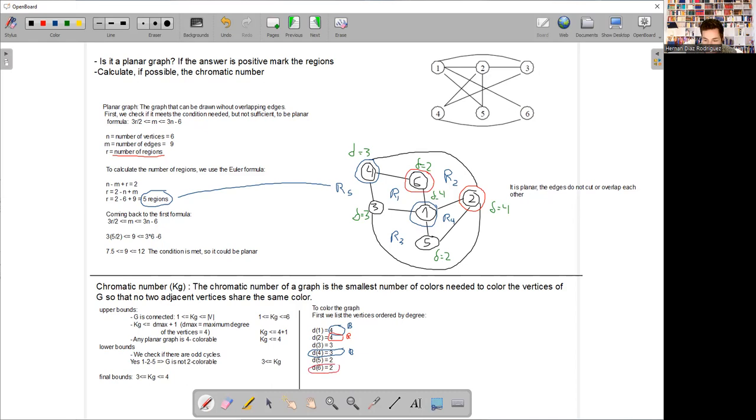Six is the only vertex that is not adjacent to 2. And we go for the next one, which is 3, and we color it in green. And 5 is not adjacent to 3, so we color it also in green.